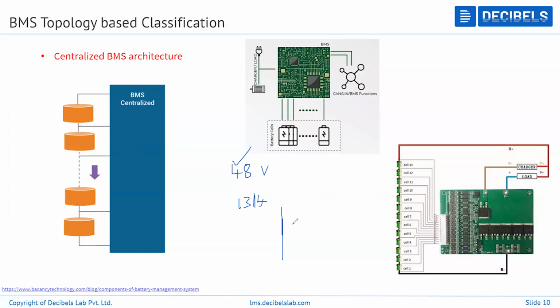That's why we are using the AFE, that is analog front end, which has analog inputs. Even the analog inputs have some limitations in terms of numbers. That's why they have derived different architectures, like centralized.